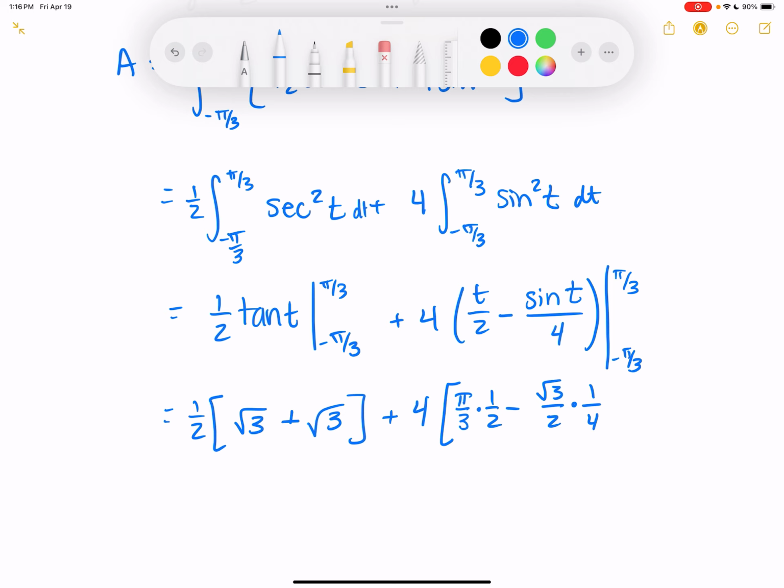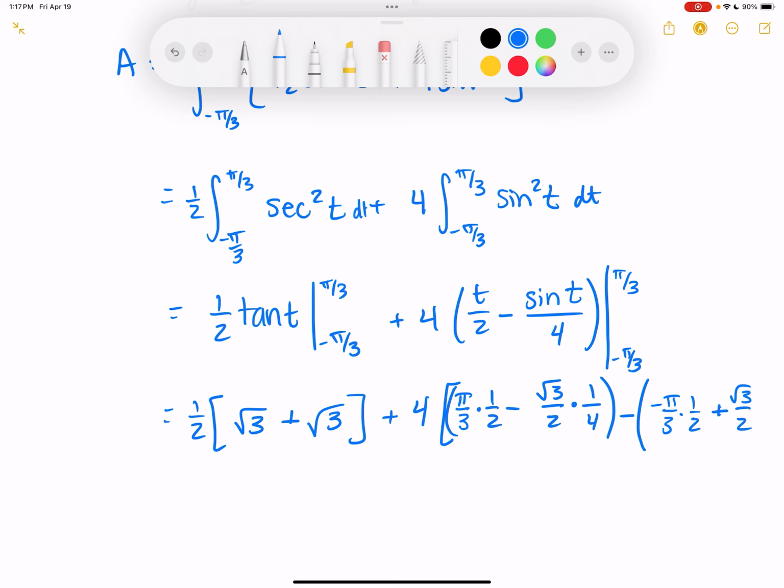Let's do this. Minus negative pi over 3 times 1/2 minus, what's the sine of negative pi over 3? Negative root 3 over 2, so plus root 3 over 2 times 1/4.